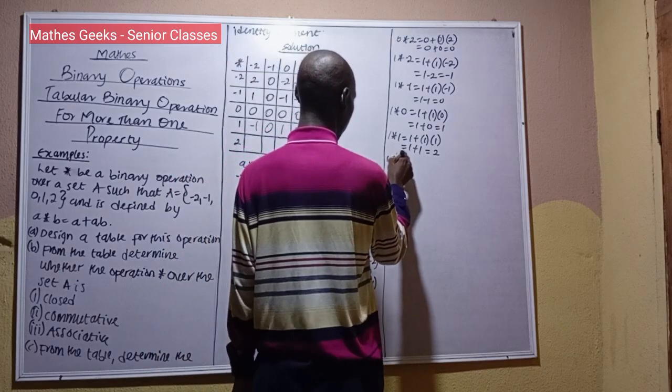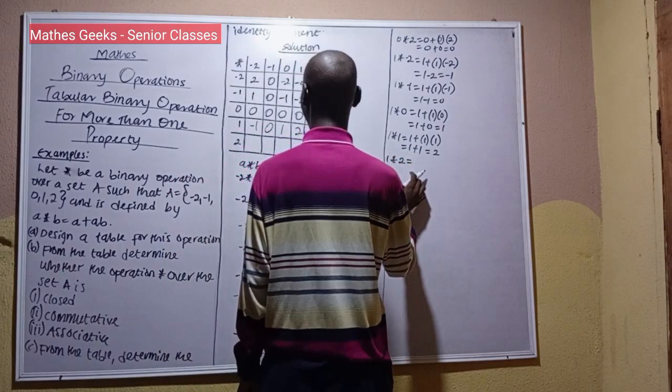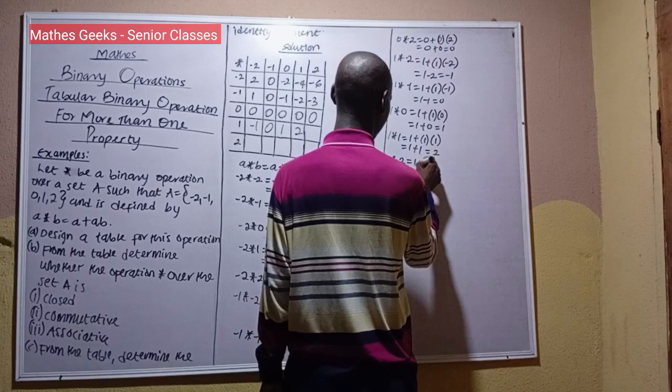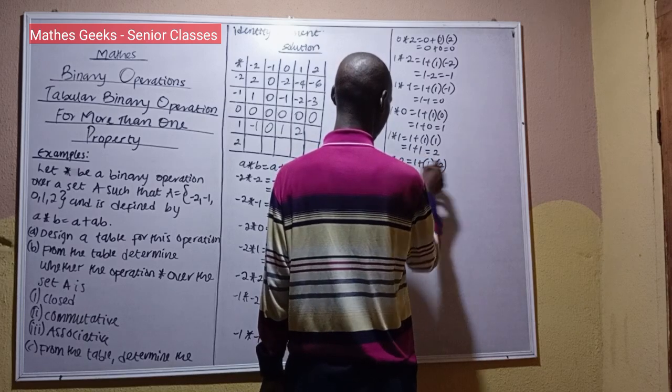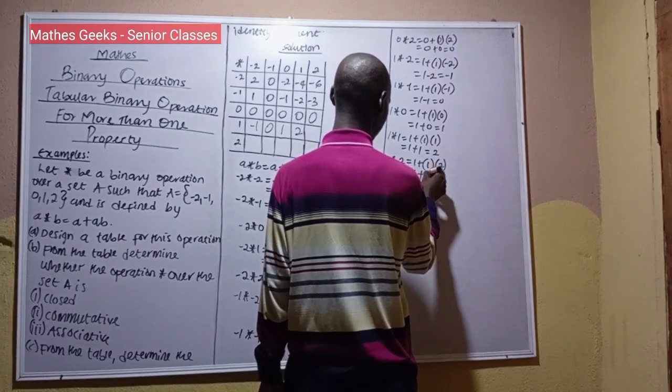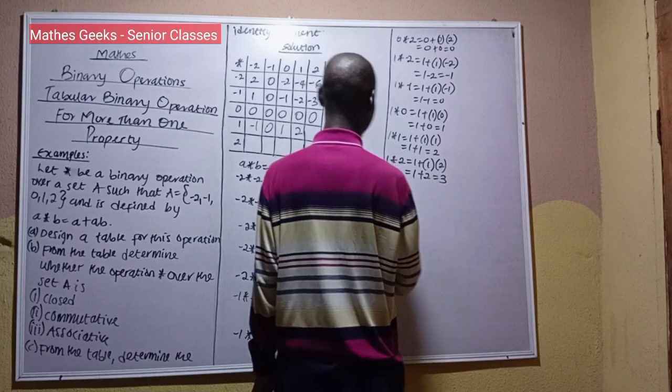And 1 operation 2: 1 plus 2, plus 1 times 2, so this is 5.